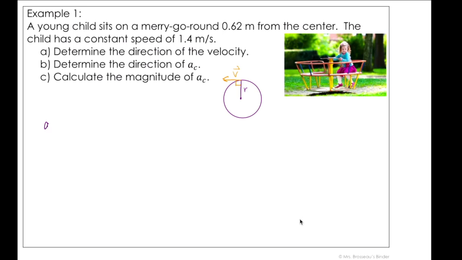So for part A, we can say that velocity is tangent to the circle, or you could say perpendicular to the radius. It implies both the same thing, and the direction is always changing.